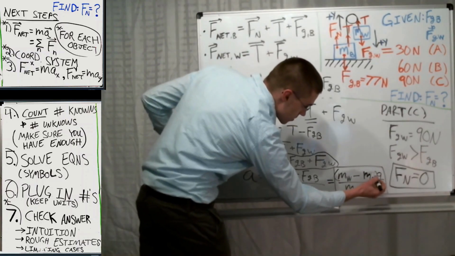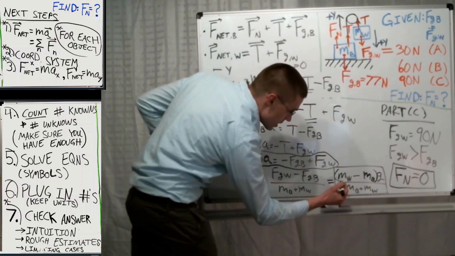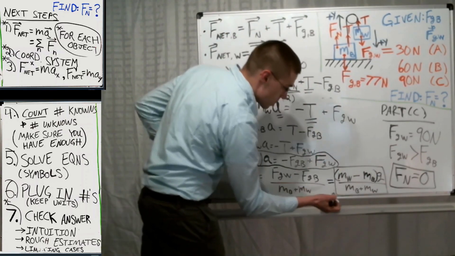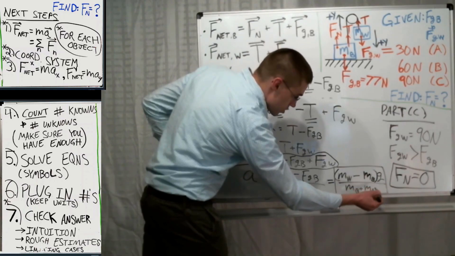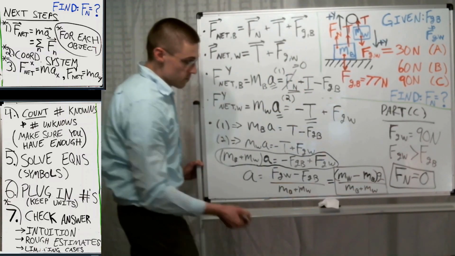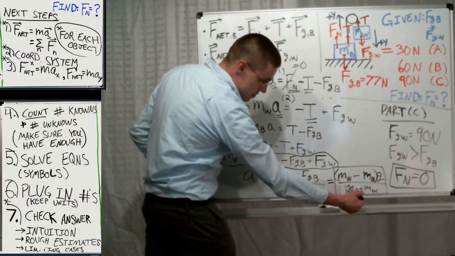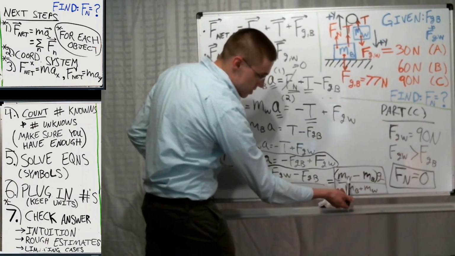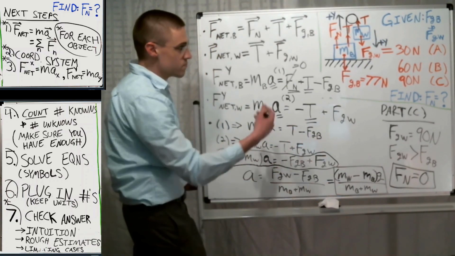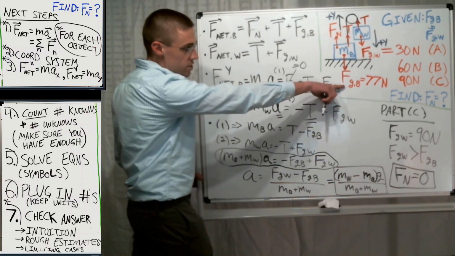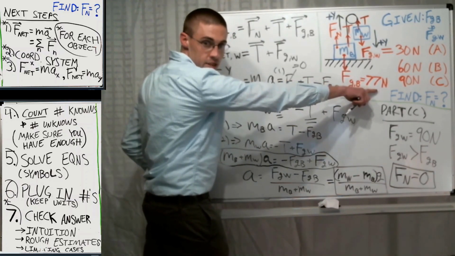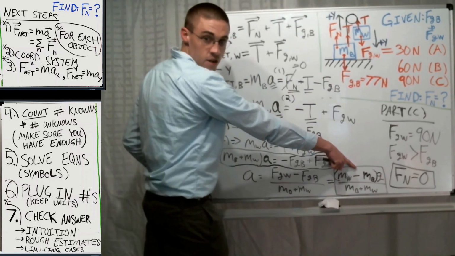And if I put those in terms of the masses here, I have mass of the weight minus mass of the box times little g over the sum of the two masses. Okay, so you notice here I have a sum of masses in the denominator and a difference between the two masses in the numerator. And I was given the force of gravity on each one of these, so I would just have to divide by 9.8 in order to get the mass here.